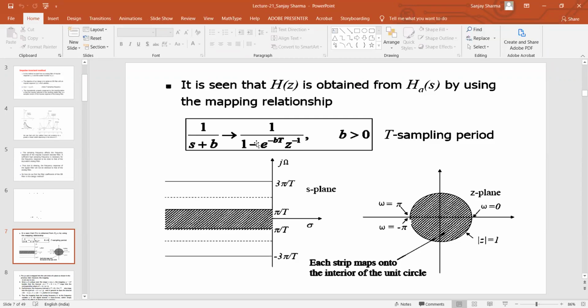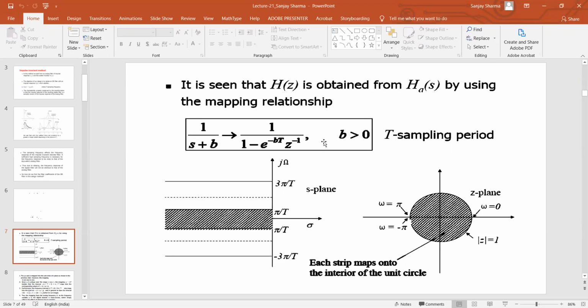Now, in the impulse invariant method, we divide the complete S plane into strips. What are these strips? The strip goes from minus pi by T to pi by T, minus 3 pi by T to minus pi by T, pi by T to 3 pi by T. So let us look at this strip going from minus pi by T to plus pi by T.